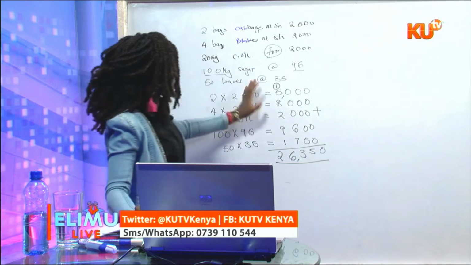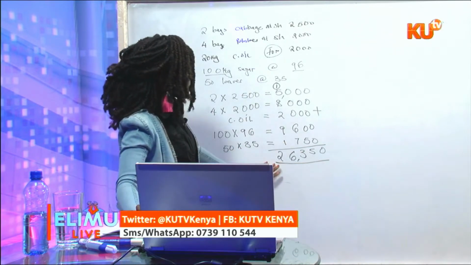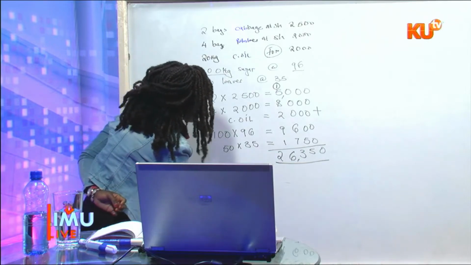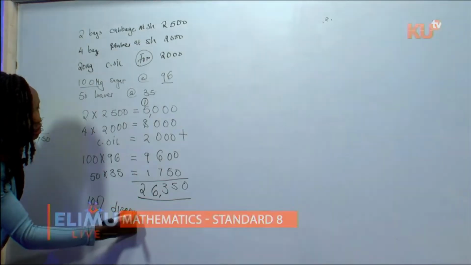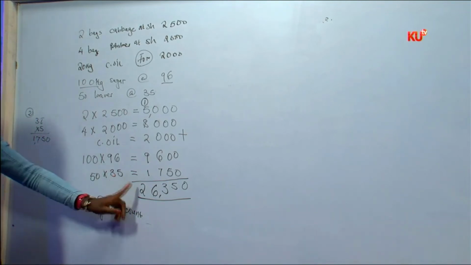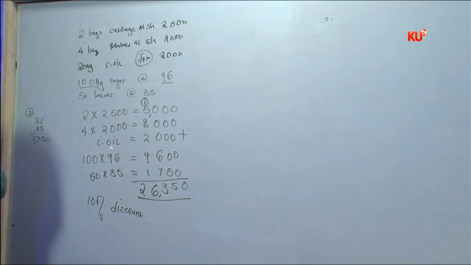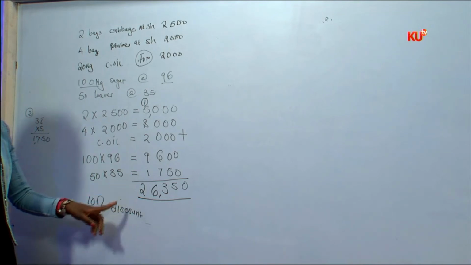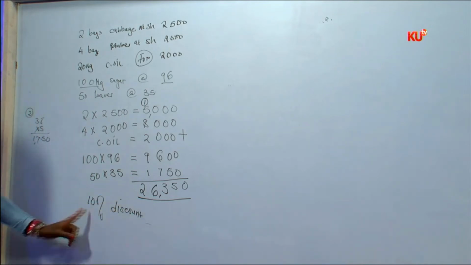So this was the true amount of money that he was supposed to pay, but he was given a 10% discount. So we get the 10% discount that he was given from this. If he was given a discount of 10%, it means that he paid 90%. So first you get the discount.